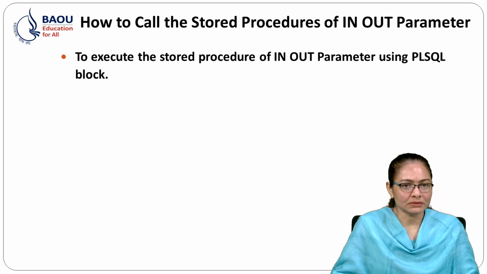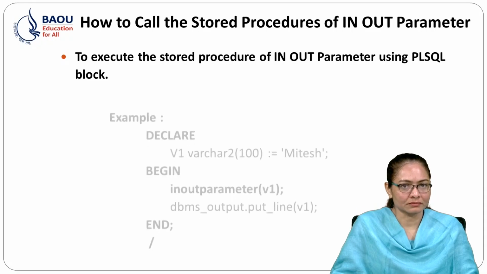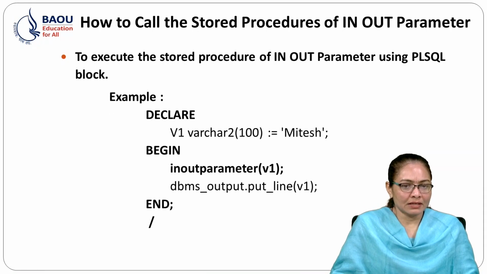Now, how to call the stored procedure of IN OUT? See, to execute the stored procedure of the IN OUT parameter using the PL/SQL block. Here, in the declaration part, variable v1 is used as VARCHAR2 and size is 100, equal to store Mitesh.